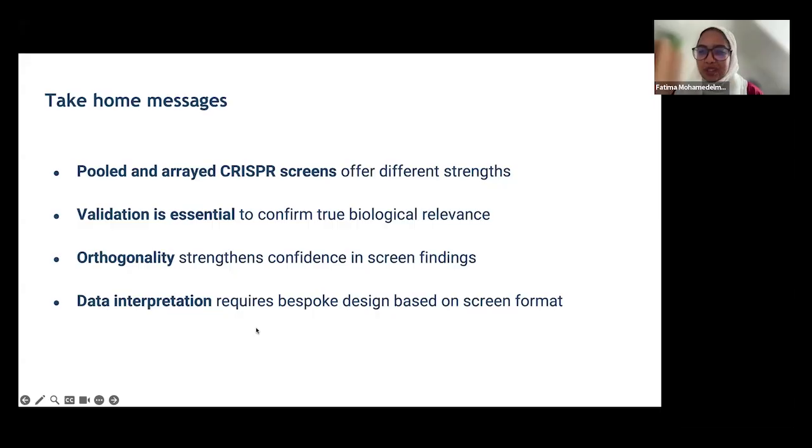Yes, hi. Thank you so much for the amazing presentation. My question is regarding the ENCORE analysis, which seems to be very statistically sensitive. I was thinking about a way to optimize my experiment, because you mentioned that leveraging pooled screen readouts seems to be more cumbersome.